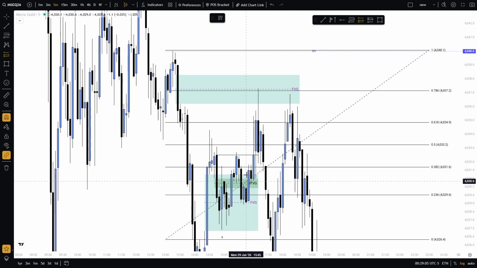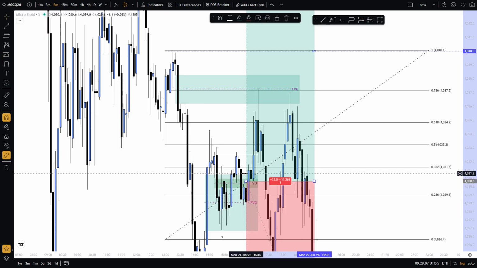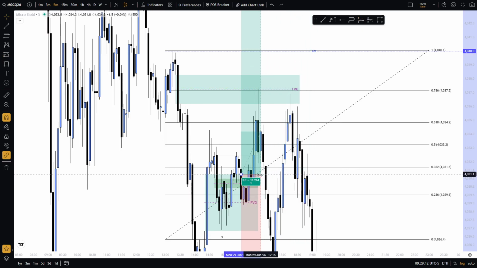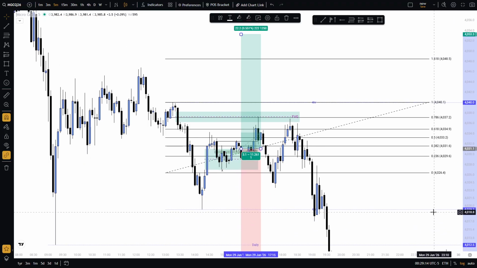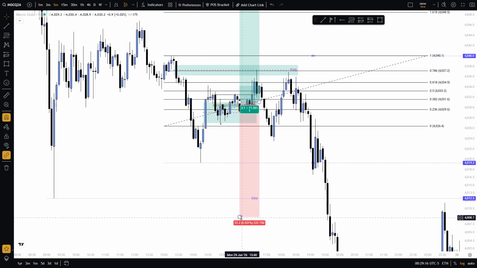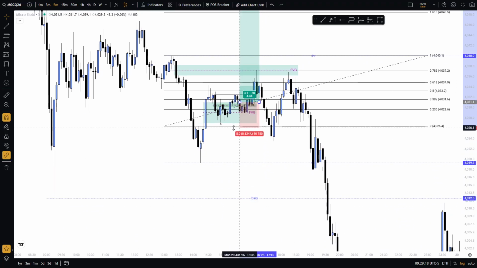But let's say you got your buys right here. Stops resting below this candle or this low.